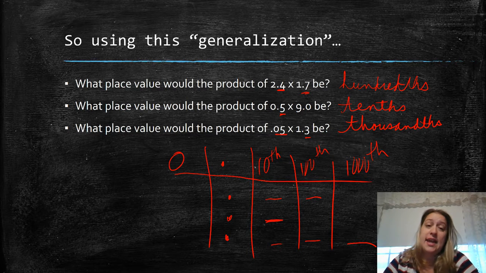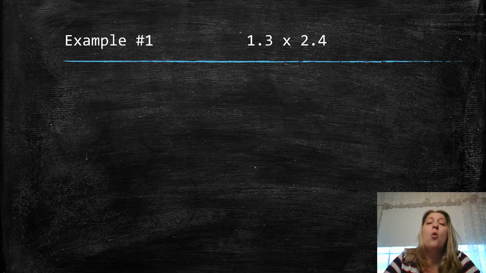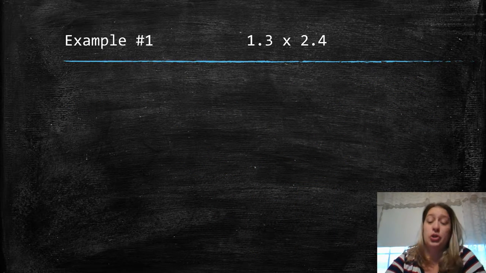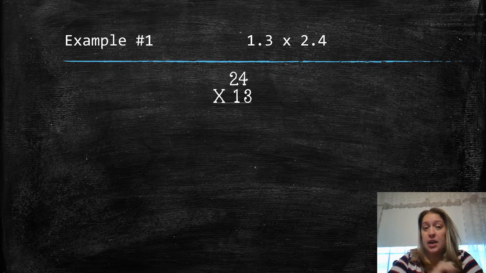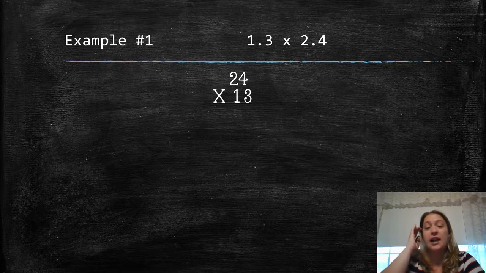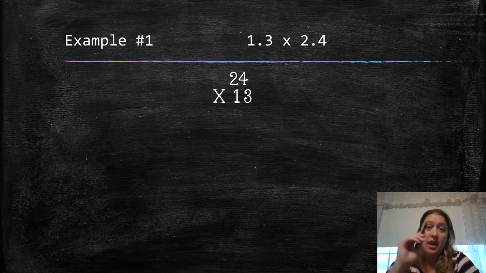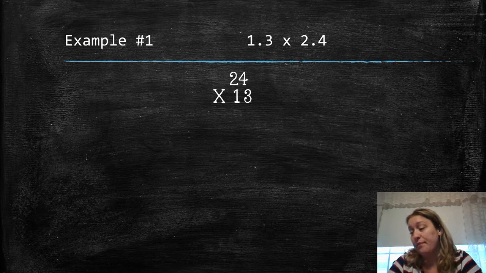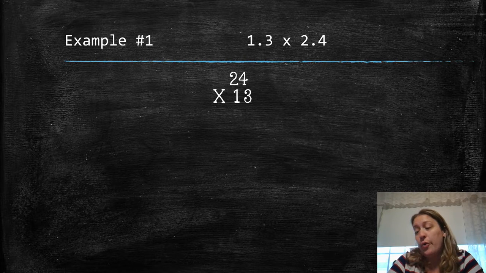So let's see if we can apply this to our regular problems. 1 and 3/10 times 2 and 4/10. The first thing we would do is rewrite the problem vertically, up and down. Let's look at this.